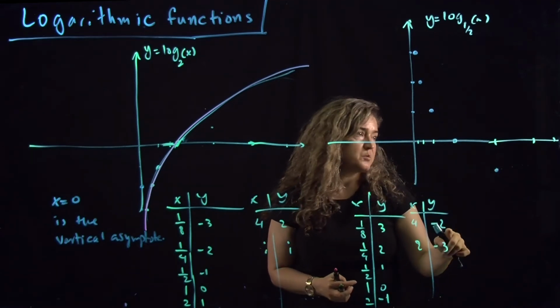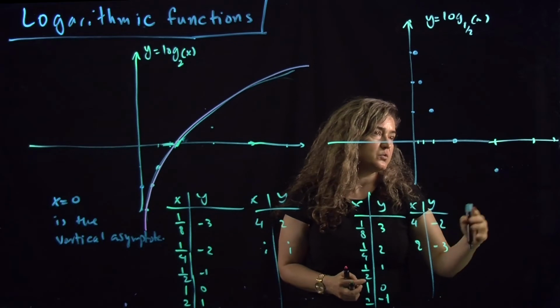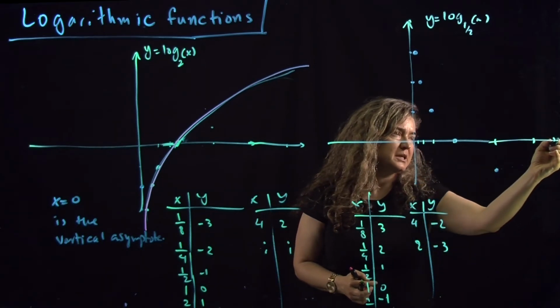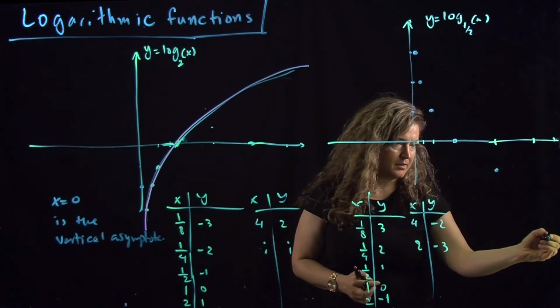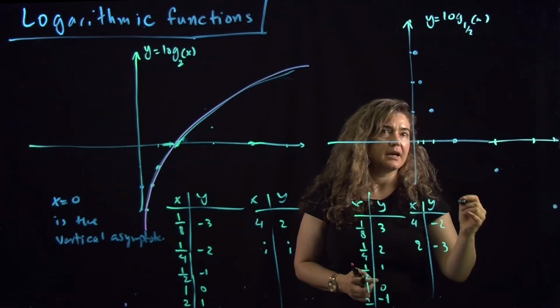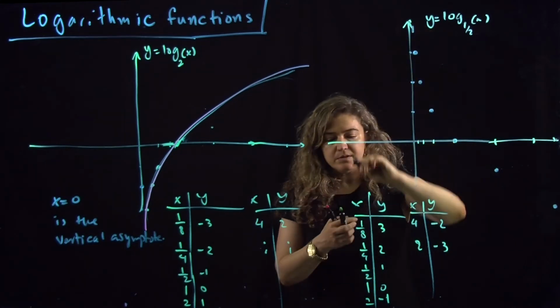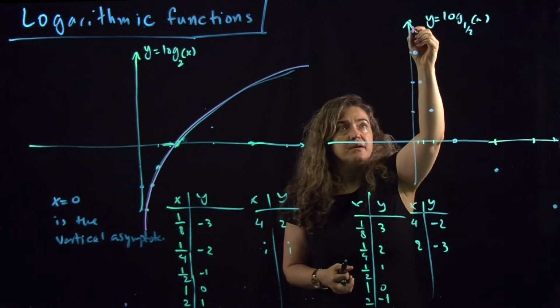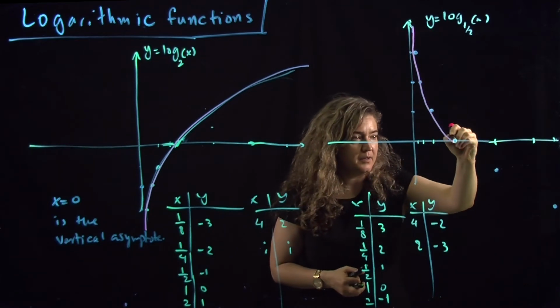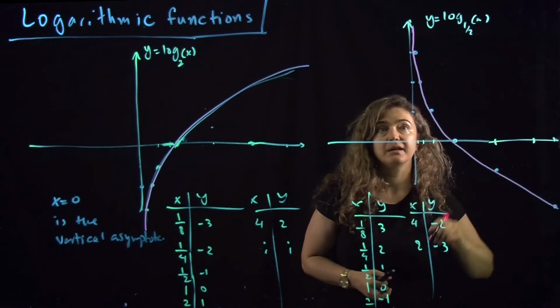And 4 is supposed to be -2, which is approximately down here, and like that. So the graph looks like that.